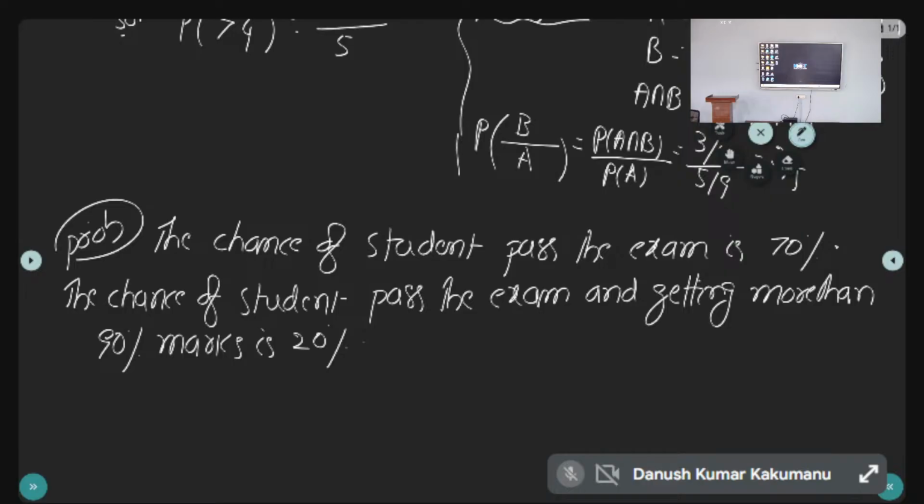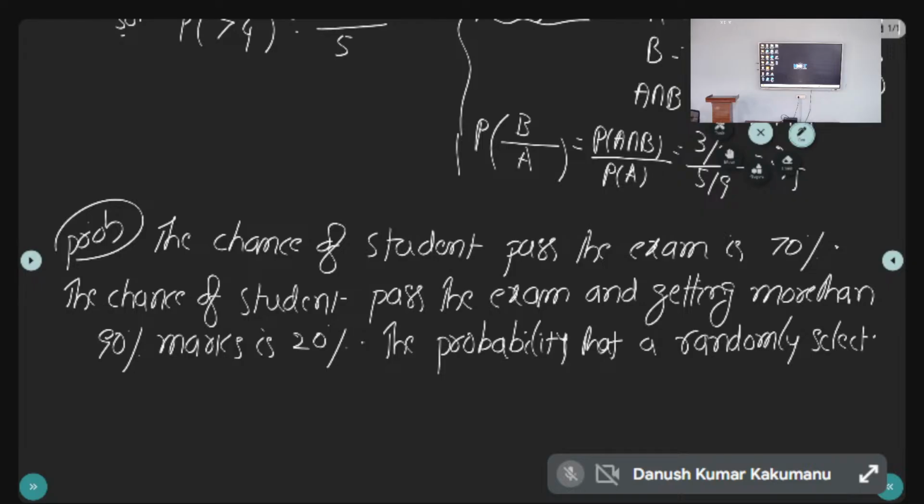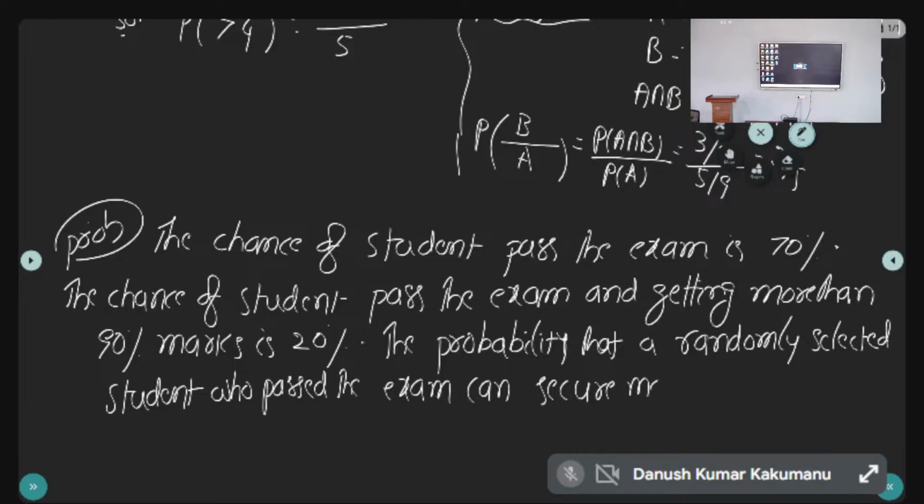Don't get confused; read the sentence carefully. The probability that a randomly selected student who passed the exam can secure more than 90% also.